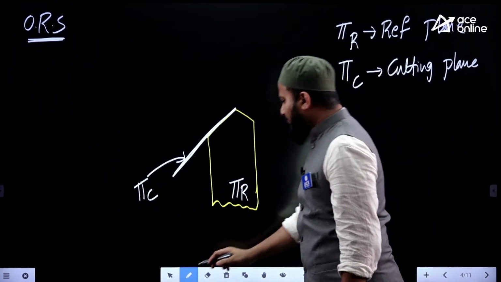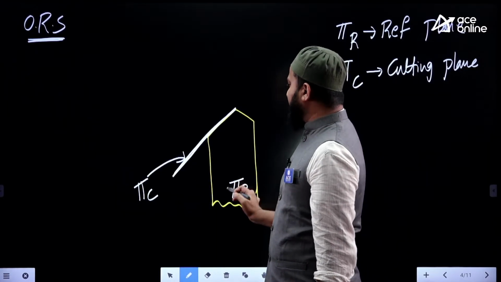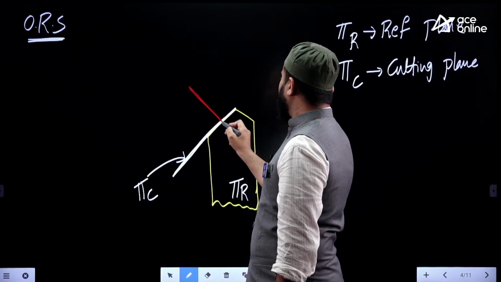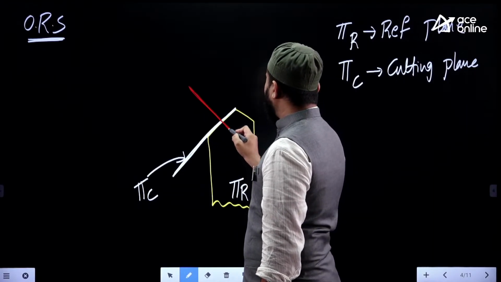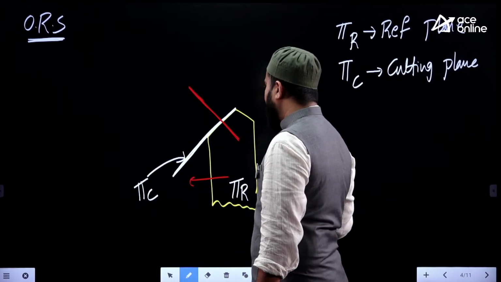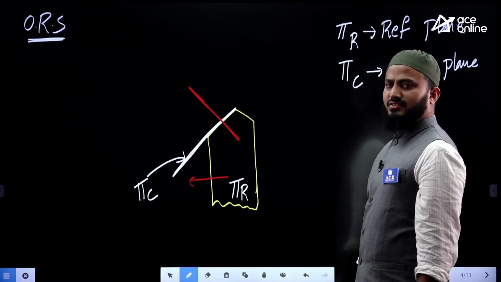And along this, we will be taking one more plane which is perpendicular to both the cutting plane and the reference plane, that is in this direction. Actually, this is the direction in which, when you provide the feed motion to the tool, the effective or true feed direction on the workpiece will be perpendicular to the cutting edge.